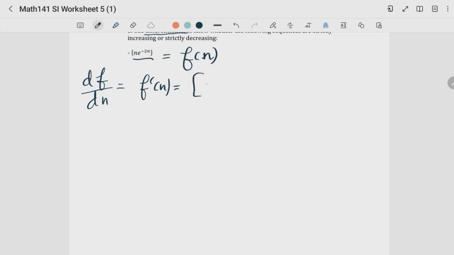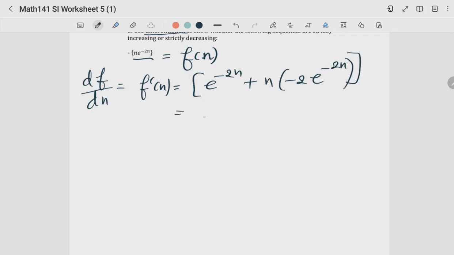Using a product rule, you have the derivative of n, which is 1, times e to the negative 2n, plus n times the derivative of e to the negative 2n, which is negative 2, times e to the negative 2n.